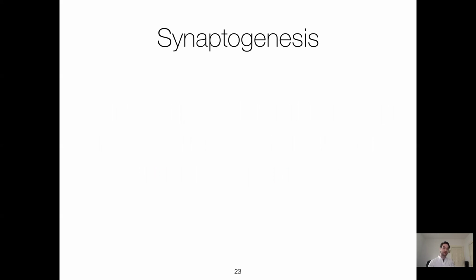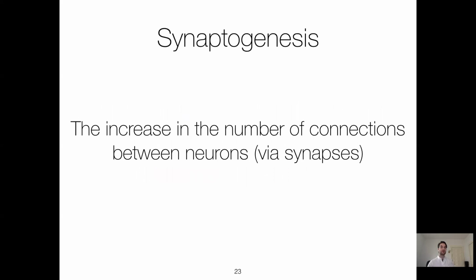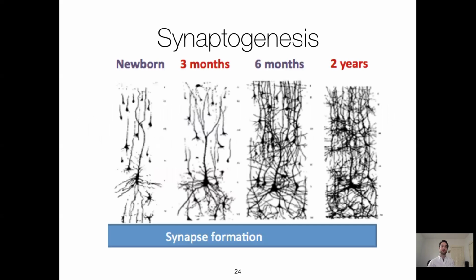Synaptogenesis is the increase in the number of connections between the neurons via these synapses. It's not that a neuron will spring into existence that didn't exist before, it's that that neuron will create a lot of connections with other neurons that didn't exist before. For example, here, you can see there are a lot of these neuron structures, but they're kind of isolated.